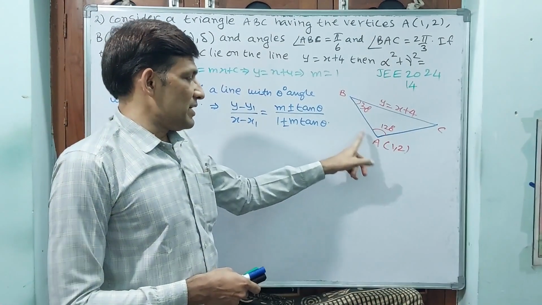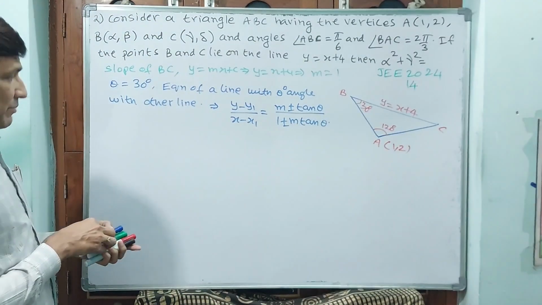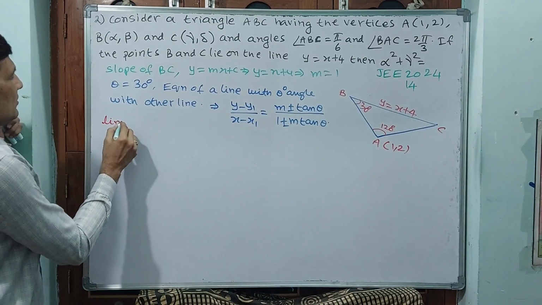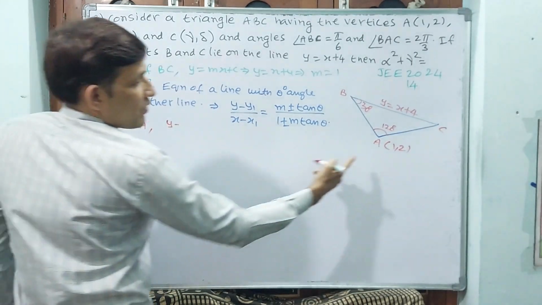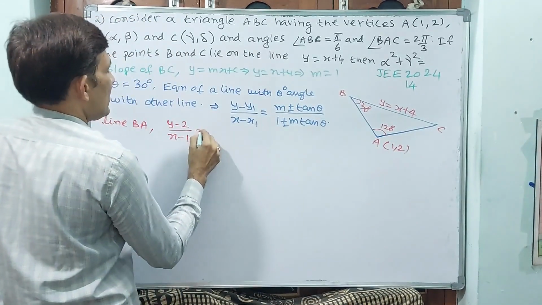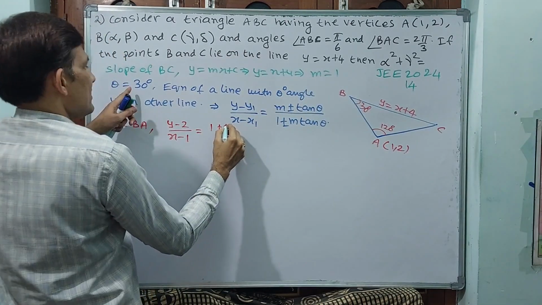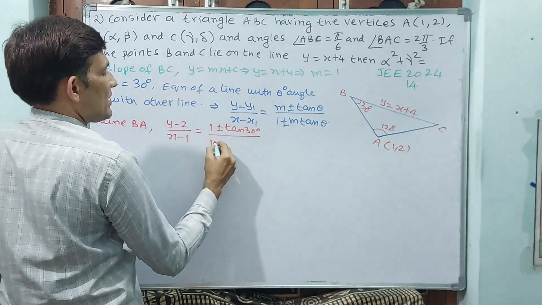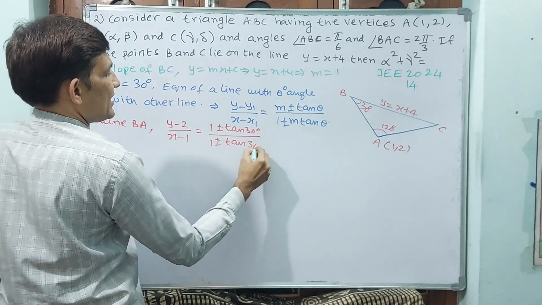Now see, this line has to satisfy (1, 2) also. Line BA. Observe carefully, line BA: (y minus 2) by (x minus 1) is equal to (m, that is 1, plus or minus tan 30) by (1 plus or minus m, that is 1, times tan 30 degree).